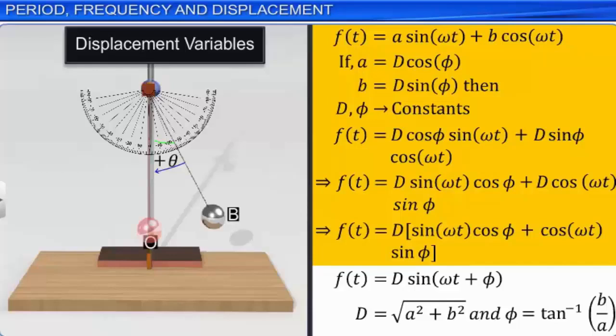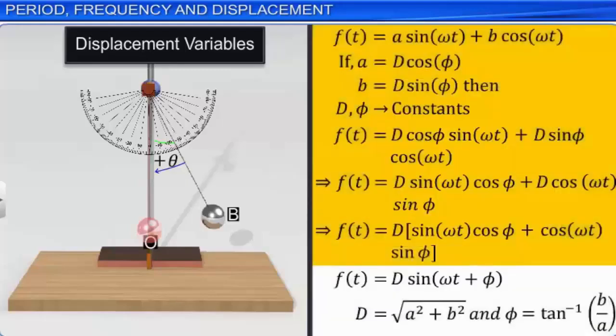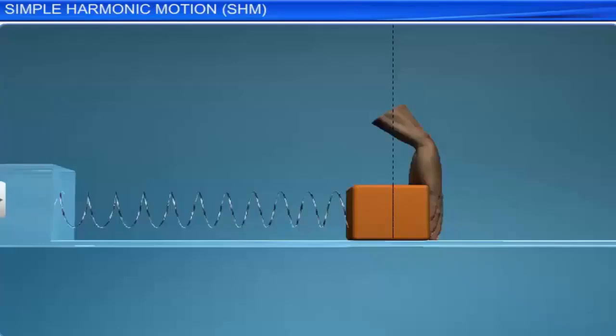According to the result proved, any periodic function can be expressed as a superposition of sine and cosine functions with suitable coefficients. Consider a body attached to a spring.